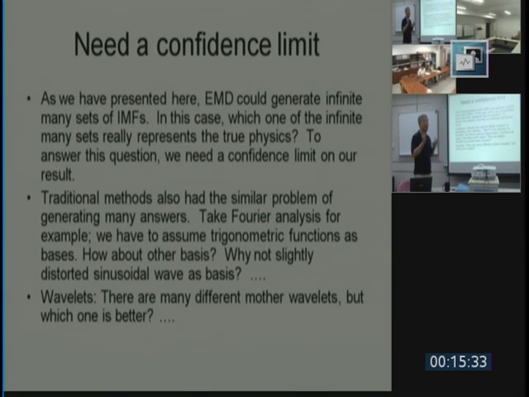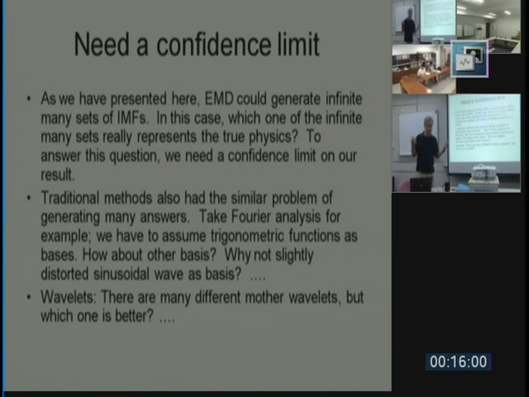How do we know it represents the true physics? To answer this question, we have to establish a limit. So within this limit, 99% or 95% of the truth actually happens within this interval.